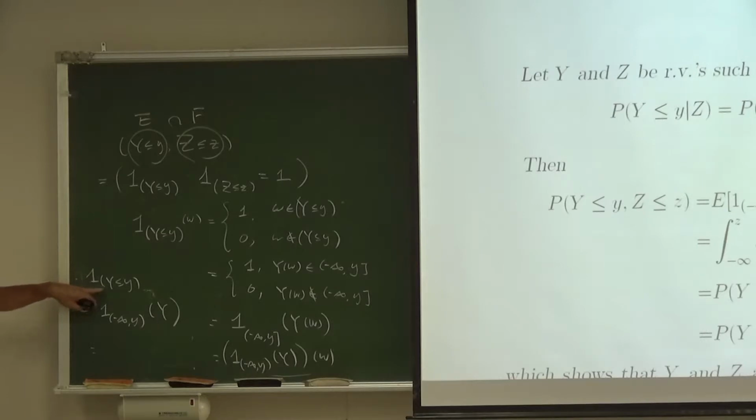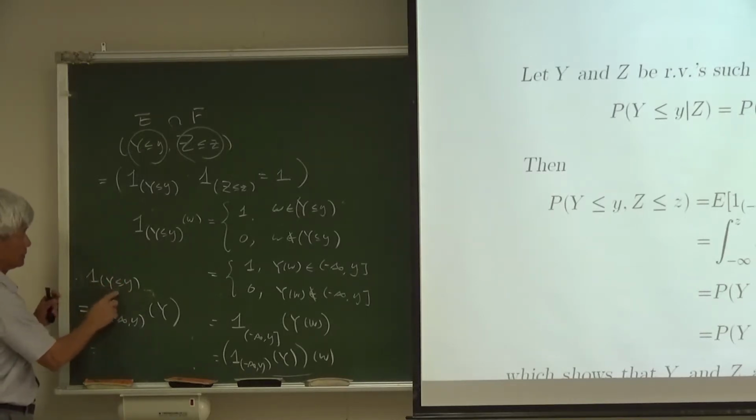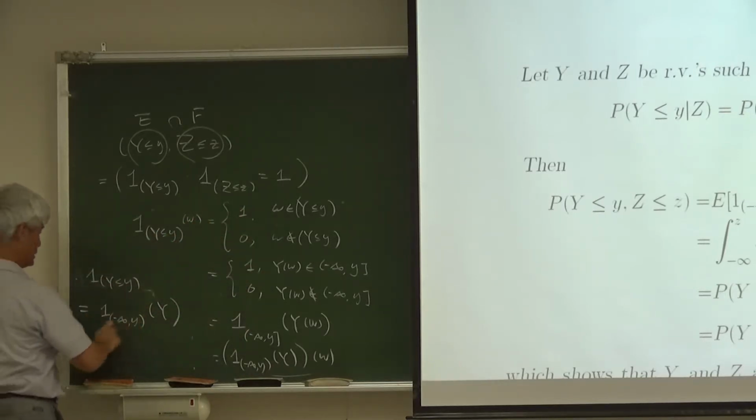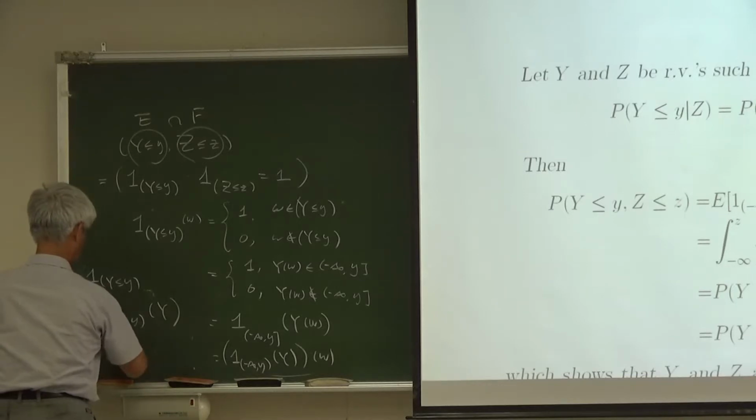Because the event is defined by Y, from this calculation we find out that this is an h of Y. And what is h?